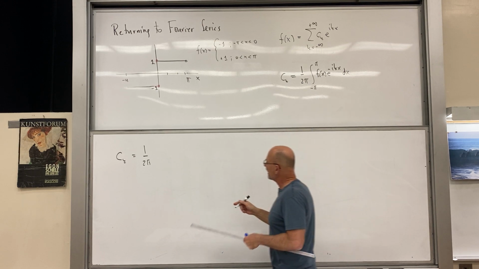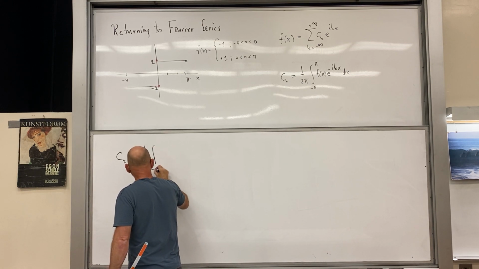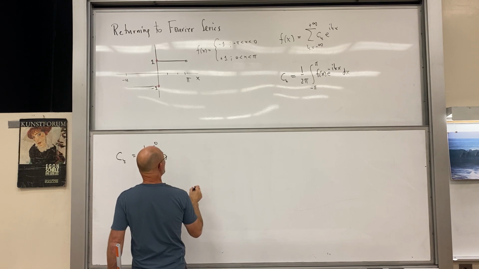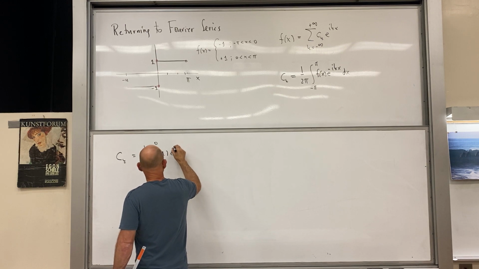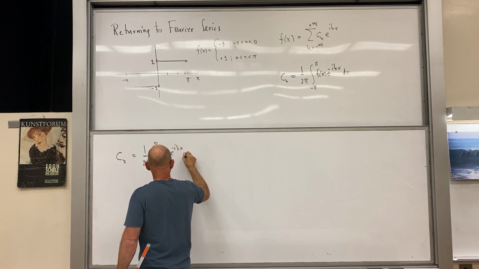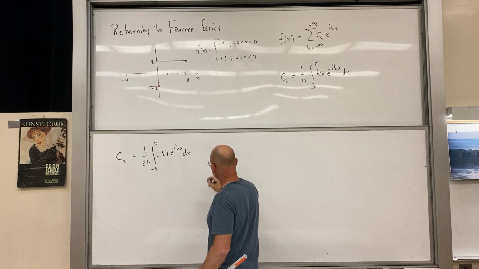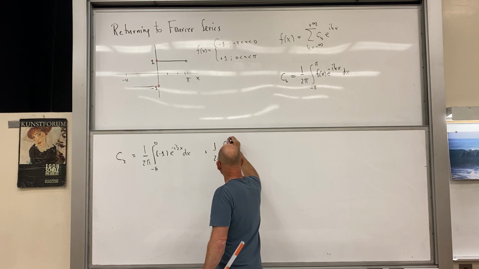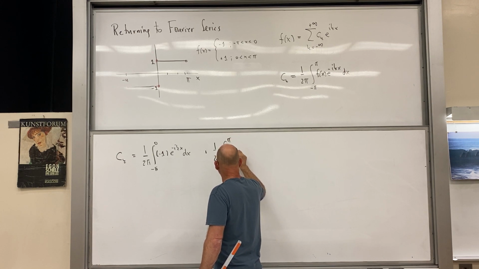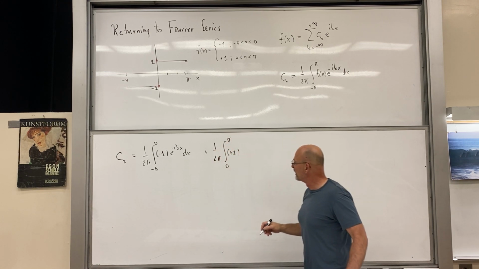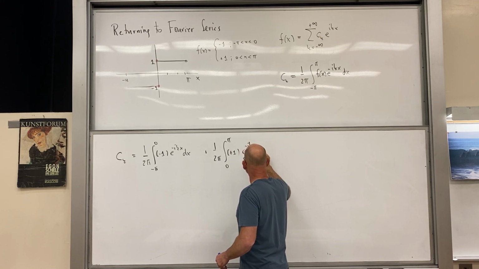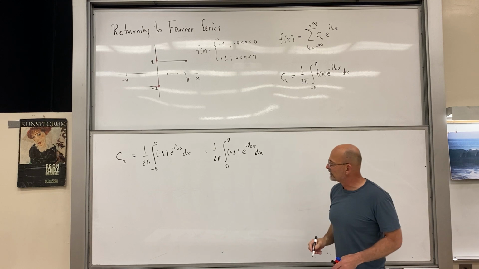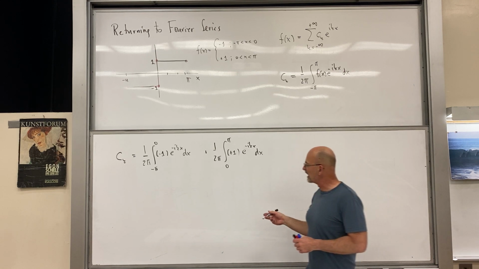So we're going to integrate from minus pi to 0, where our function is equal to -1, e to the minus I kx dx. And then the right half will be 1 over 2 pi, 0 to pi, +1, e to the minus I kx dx. So we just have to do these integrals and not get lost in all the signs.